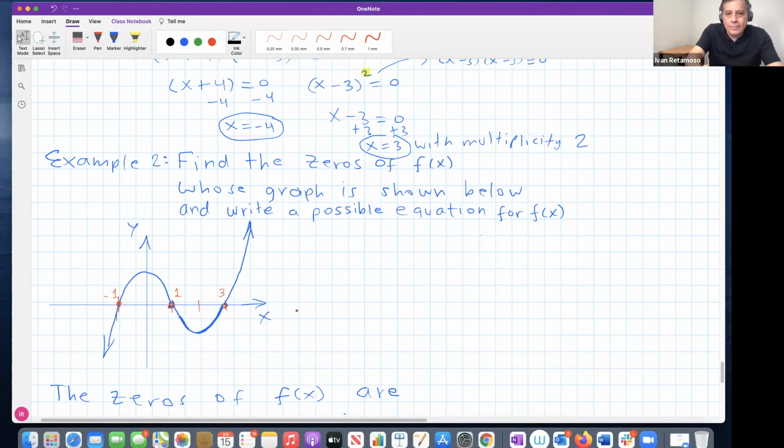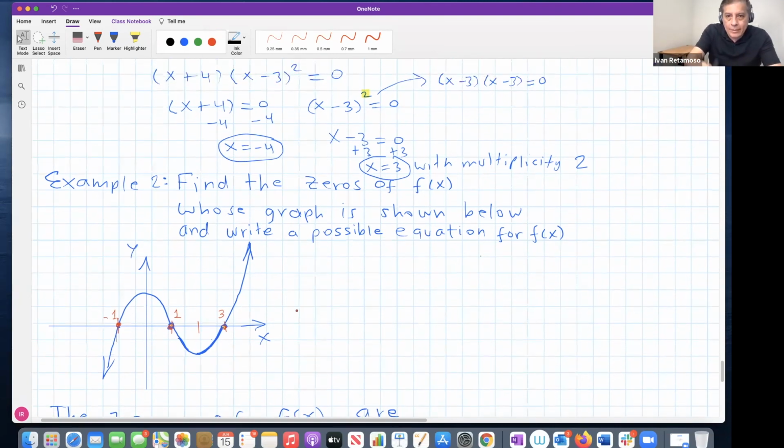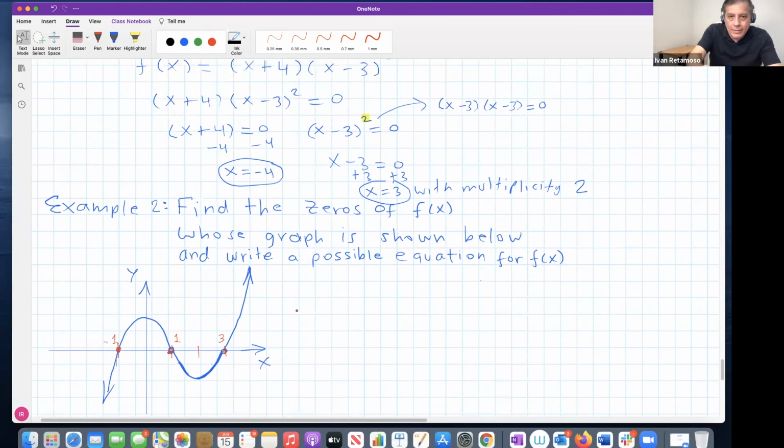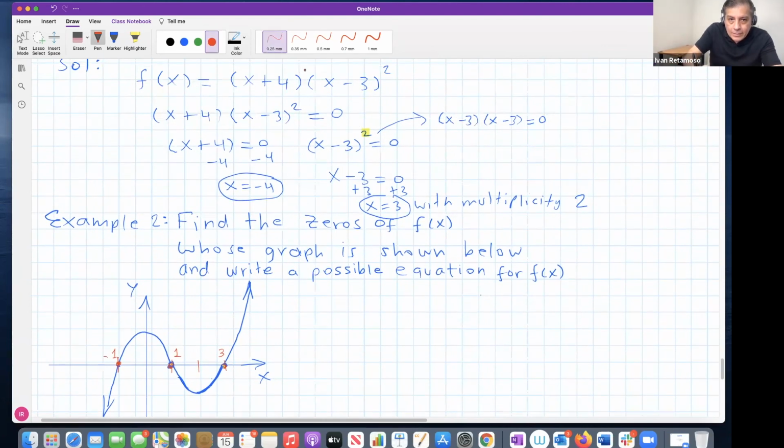And to remind you, for you to make the connection, remember, it was crossing at -4, and the crossing was because of this odd exponent 1.